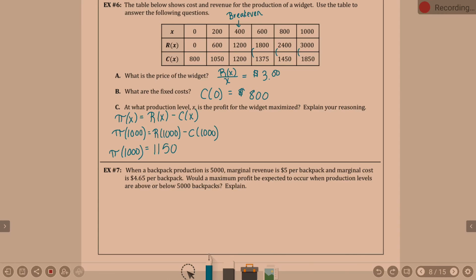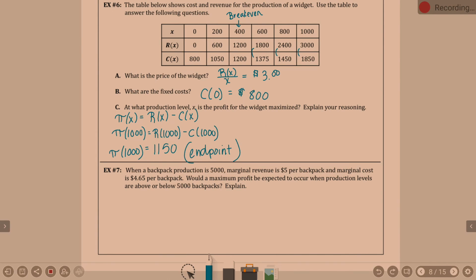Maximum or minimum profits do not necessarily have to occur where MR equals MC. They can also occur at endpoints. So when we look at endpoints, that's going to be our biggest endpoint there, keeping in mind that endpoint comment from the previous page.